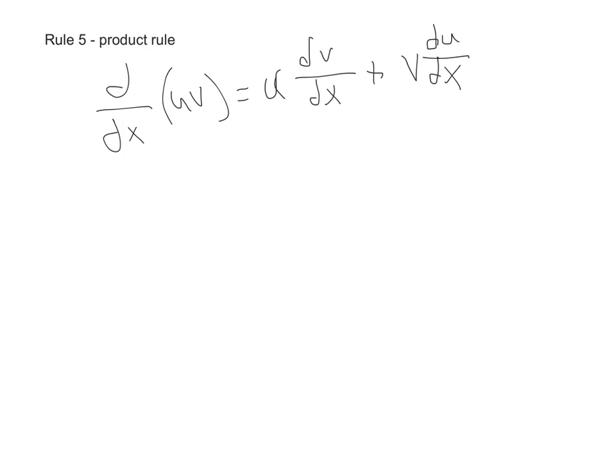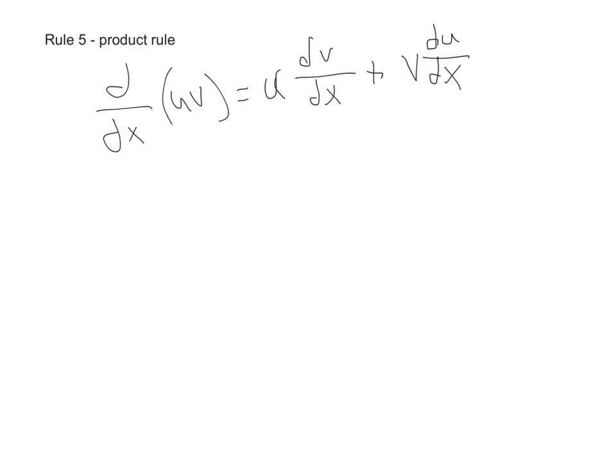I would like to find the derivative f prime of x if f of x is equal to the product of x cubed minus 4 and x squared plus 3. The product of two separate functions.